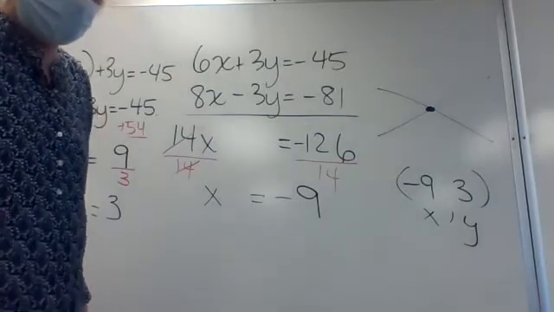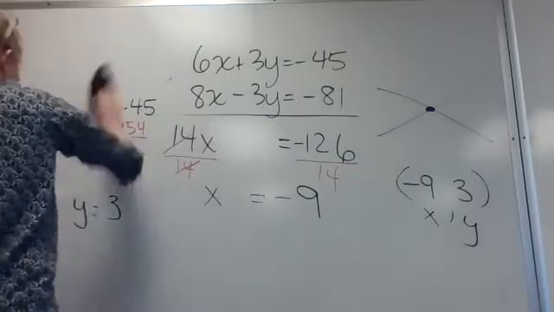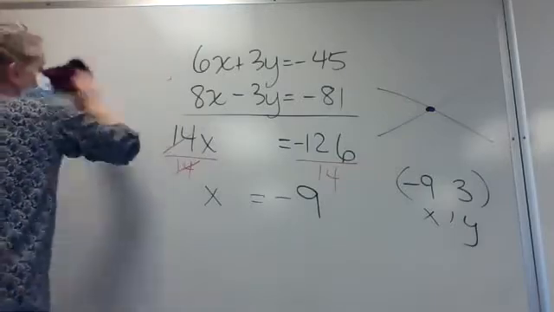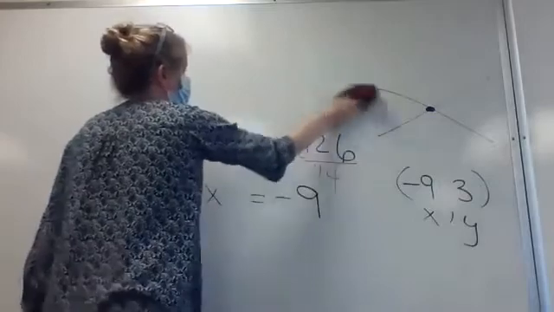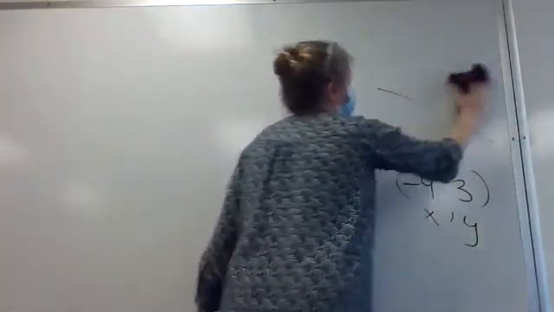Okay, but what about like number 2? 5x plus 3y equals -11.